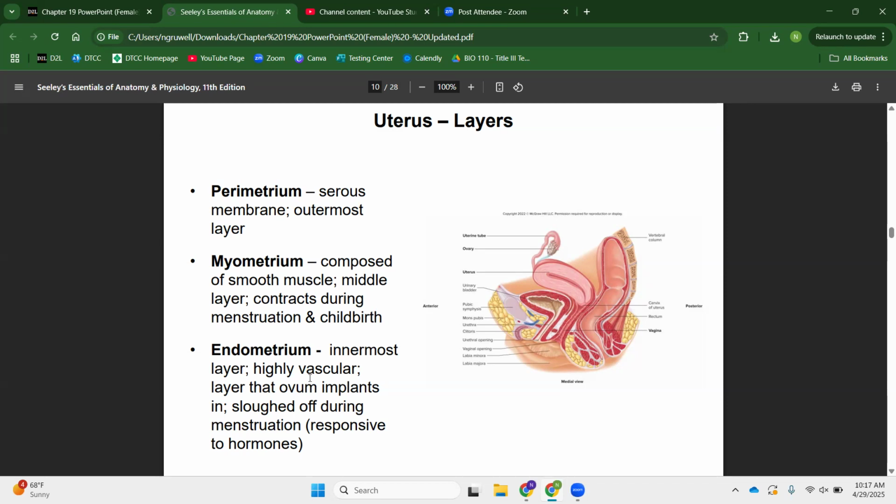And so we said that's how we have to nourish that zygote and eventually the embryo. So we need a highly vascular layer that can bring a lot of nutrients and oxygen to that area. If implantation doesn't happen, this is the layer that's going to be sloughed off during menstruation. And like I said, we'll go through the whole cycle later on in this chapter.